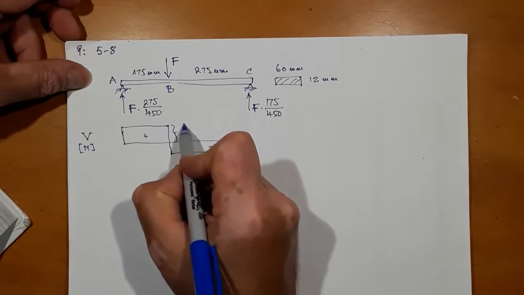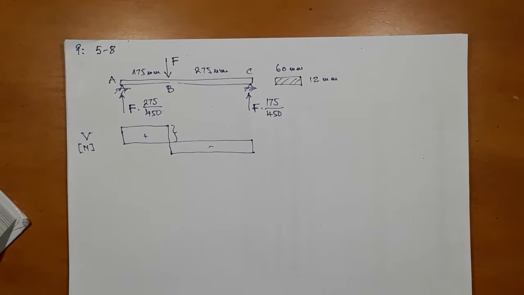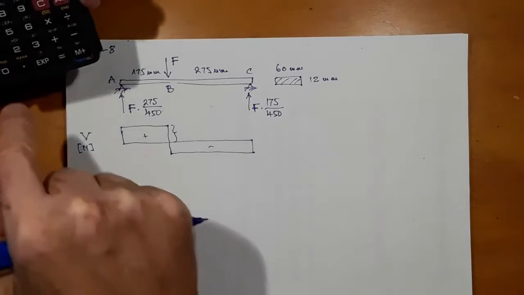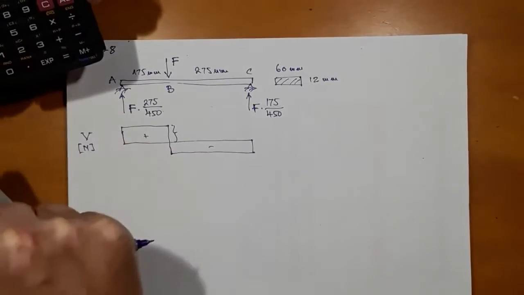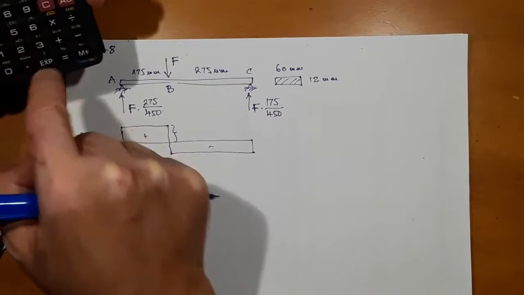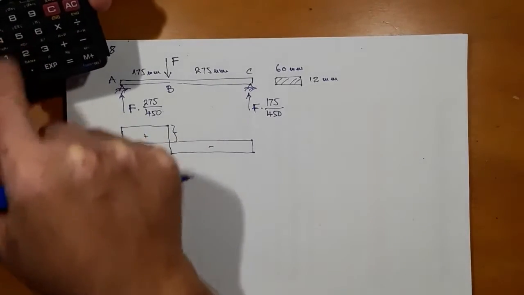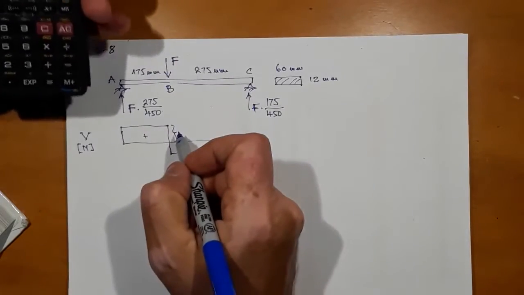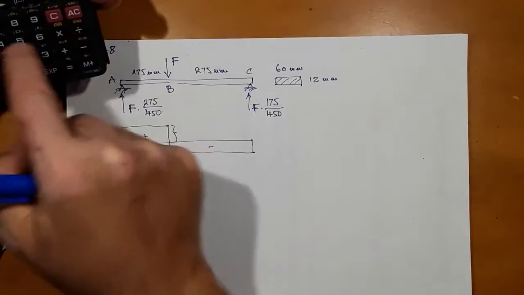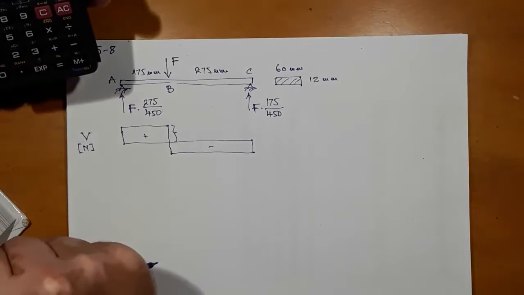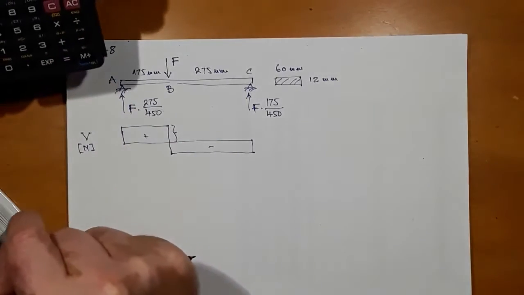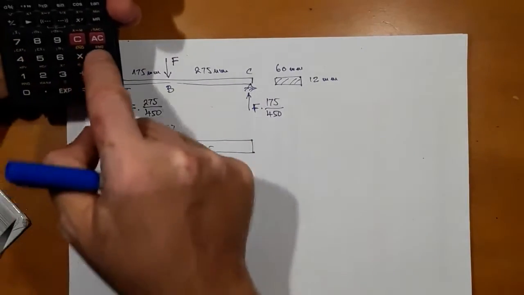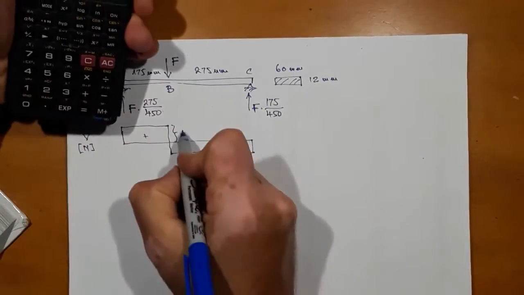This piece is, let's see, if we're to write 275 by 450, 275 over 25, that's 11.